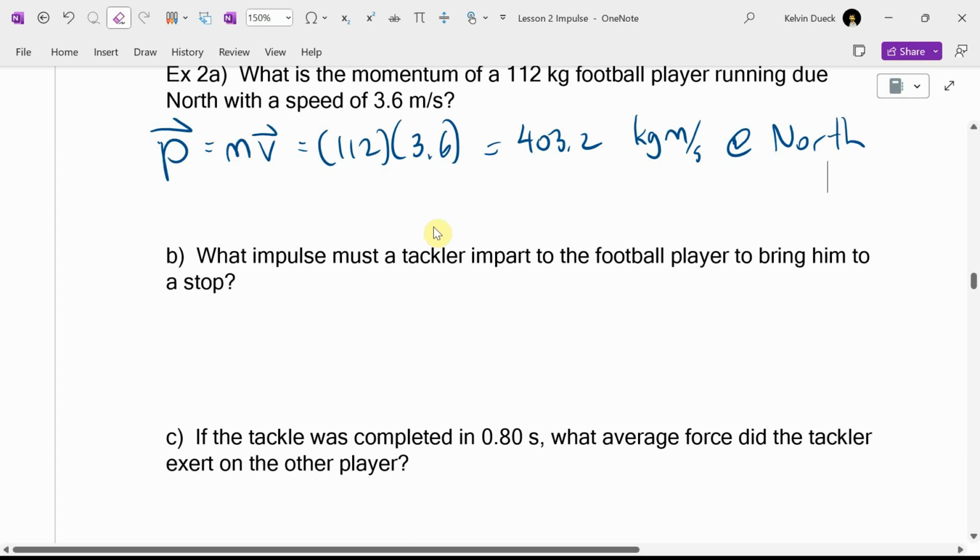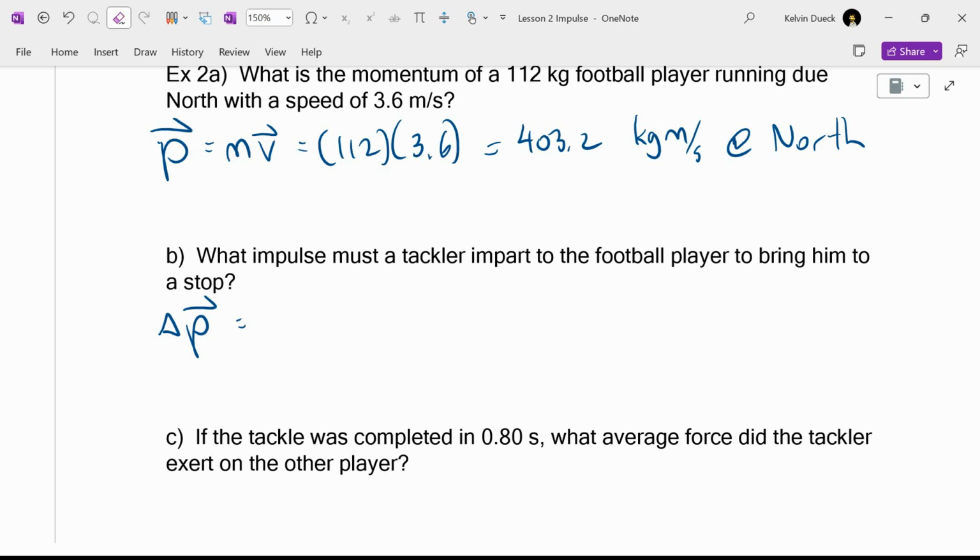Ooh, Liam, what's B asking me to find? Impulse, which is change in momentum. I'll write that down. What impulse must a tackler impart to the football player to bring him to a stop? Now, the impulse equation on your green sheet, that's that 3-in-1 equation. Am I going to use force times time?